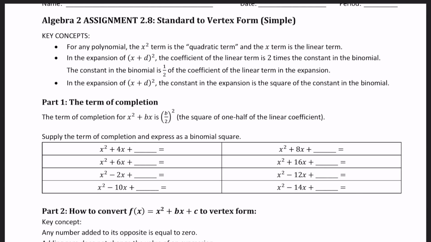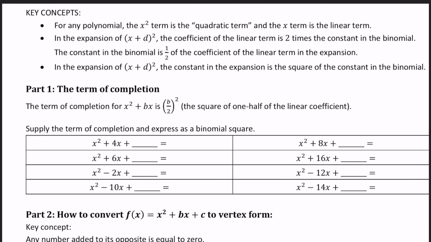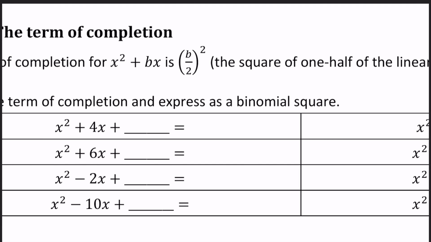This is x squared plus 4x, but it needs a third term. So we're thinking in this way. So I'll do a little bit of enlargement just to make it easier to write. We're thinking that there could be some expression of x in a binomial that's squared that creates x squared plus 4x plus 4.